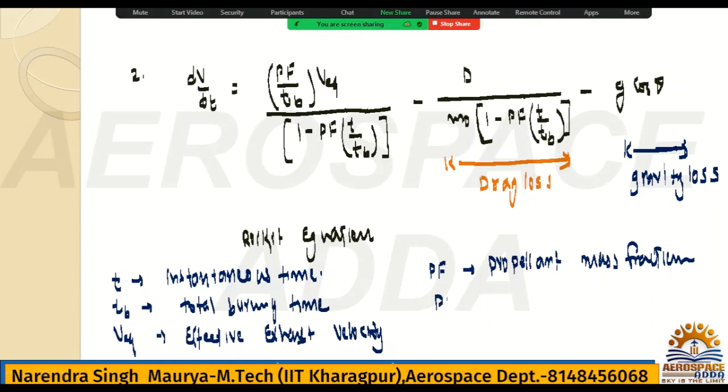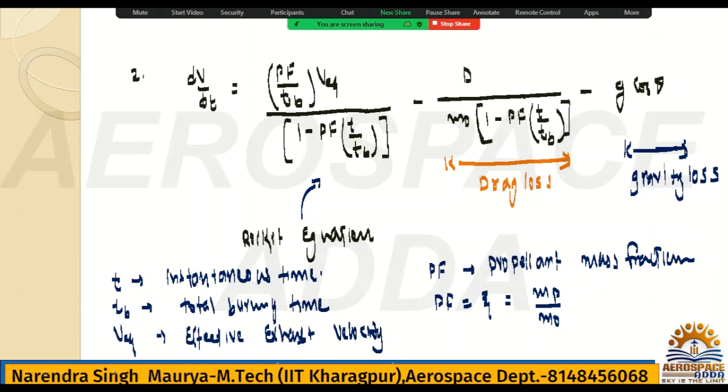This PF, in my previous lecture you have seen it was zeta. It is nothing but mass of the propellant divided by initial mass m naught. Okay, so this is the component. Now this is called the rocket equation. Fine.